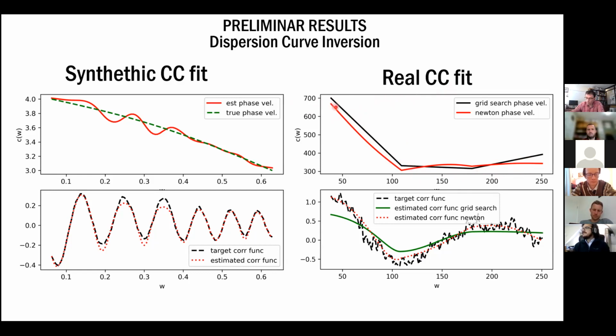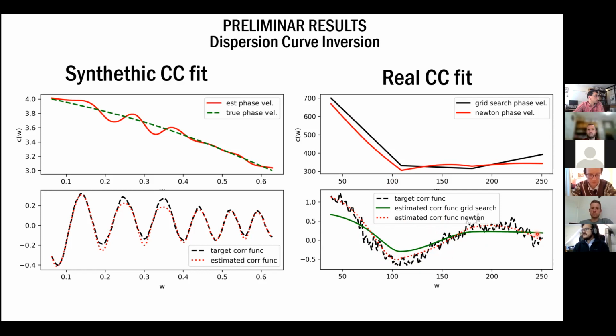And the phase velocity obtained from the Newton method is smoother, and it also fits the data better, as we see in this plot. Here we see the target correlation function, and we can see that this is a bit noisy. The green line is the estimated correlation function from the grid search.